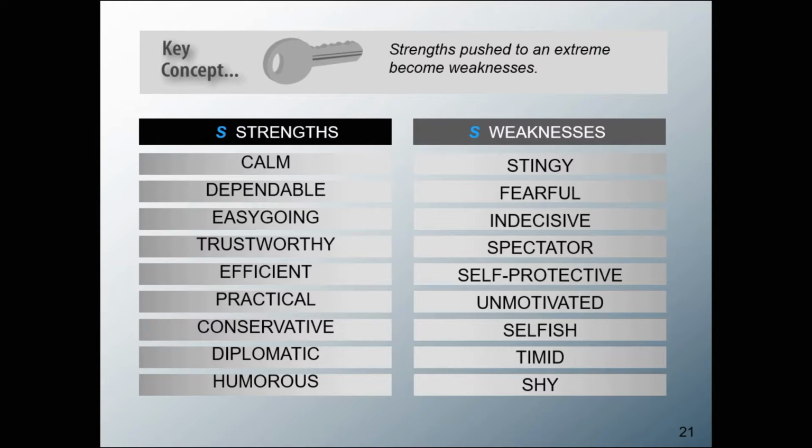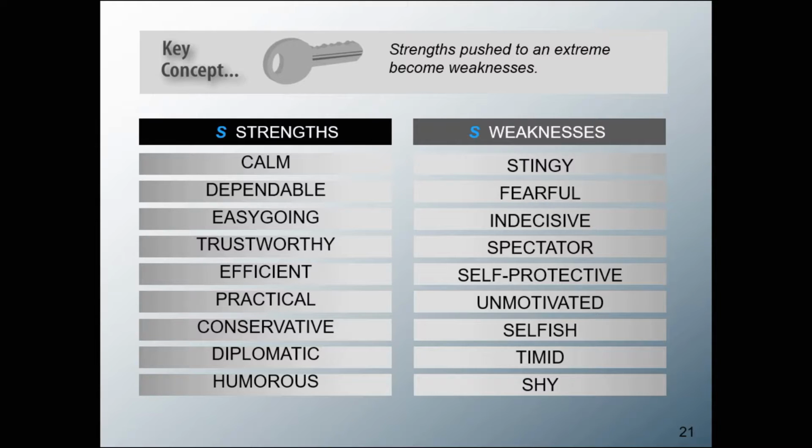And sometimes, because they are easygoing and flexible, it can be perceived to an extent as they cannot make a decision. But again, if we look at the strength, they are efficient, they are conservative, they like things to be done. If it's proven, that's what they go for. So no, they're not going to like changes too much.